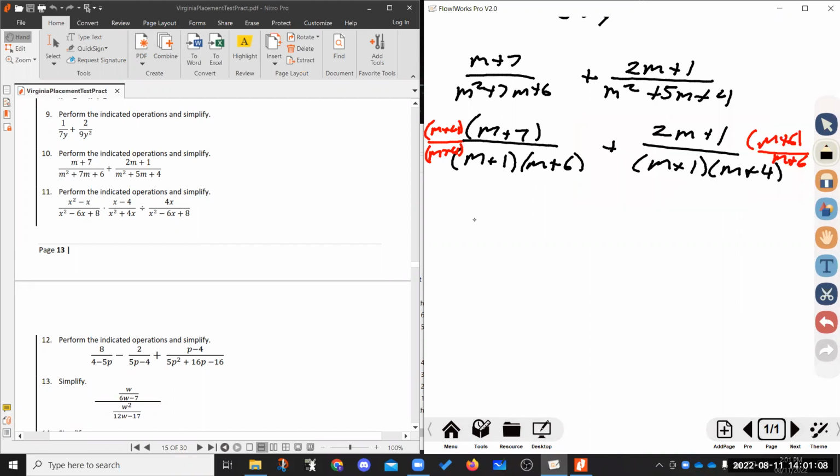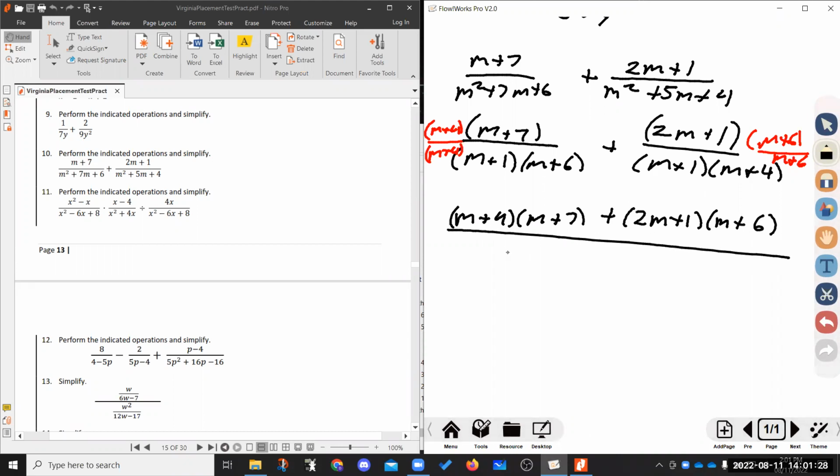So that's going to leave me with m plus 4 times m plus 7 as the numerator here, plus 2m plus 1 times m plus 6 as my numerator there, and my common denominator is going to be m plus 1 times m plus 6 times m plus 4.